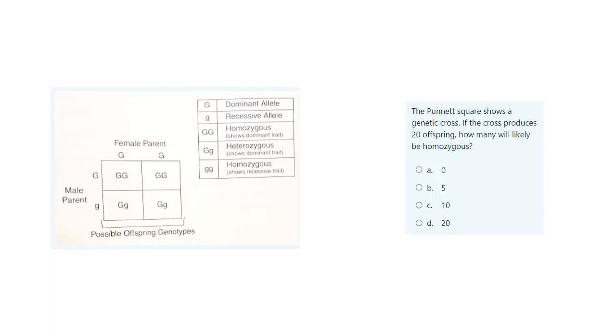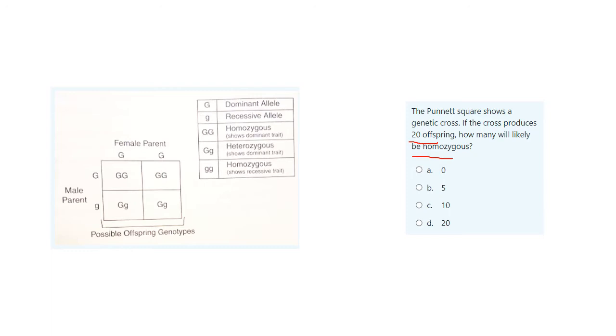Now we're on to a Punnett square. Punnett square, remember, is used for genetics. The Punnett square shows a genetic cross. If the cross produces 20 offspring, how many are likely to be homozygotic? Now, you can have two types of homozygotic. You can have homozygotic dominant, where there are two dominant alleles, or you can have homozygotic recessive, where you have two recessive alleles.